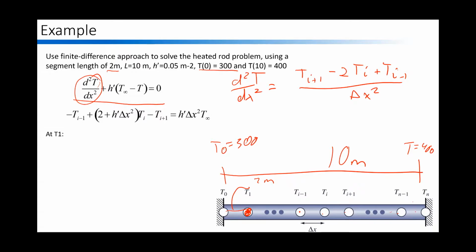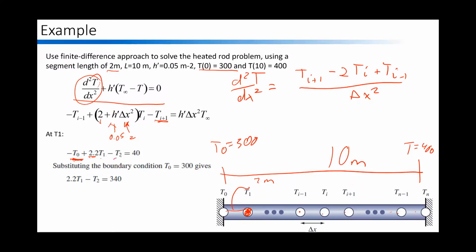So at i equals 1, we have negative T0, that previous point, plus 2.2 T1, if I put in h as 0.05 and delta x as 2 squared, minus my next T, so T2.